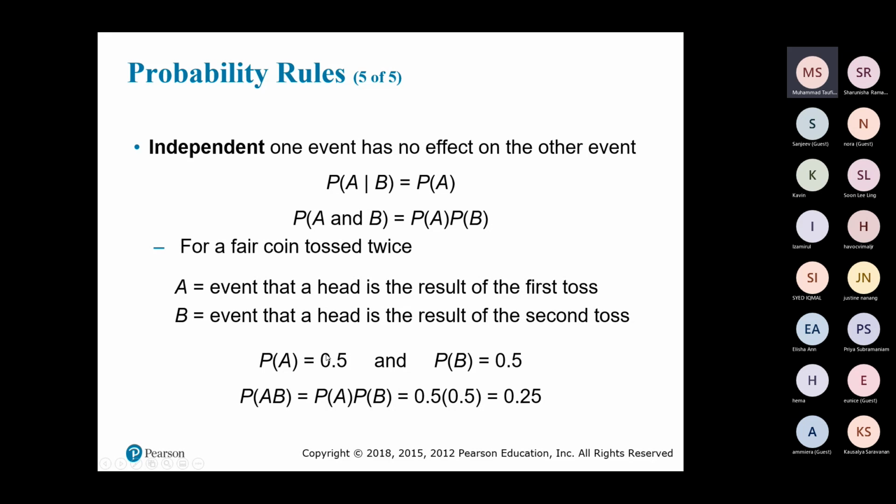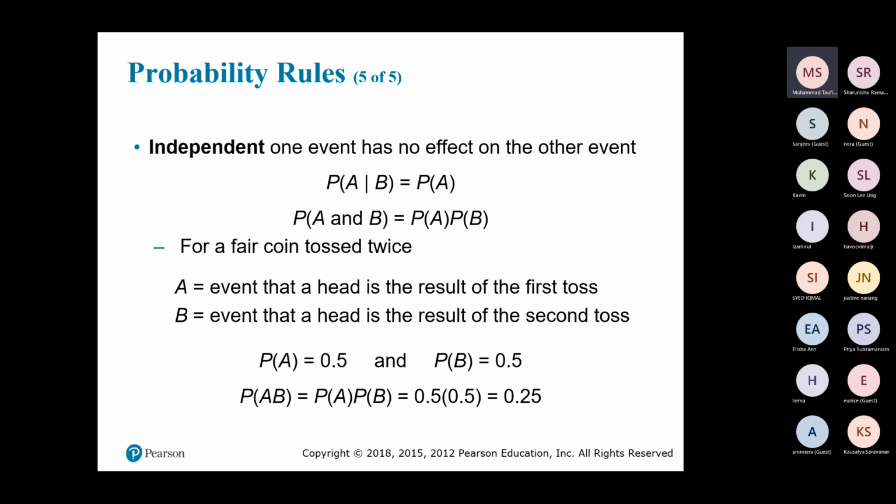If you want to get two heads out of two coin tosses, meaning you toss the coin 2 times, what is the probability of getting two heads out of two coin tosses?